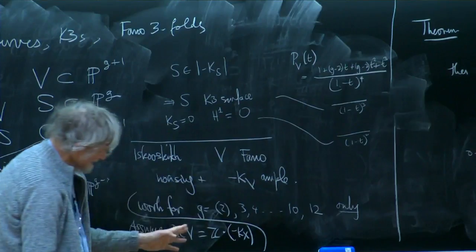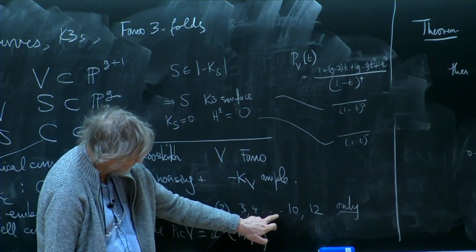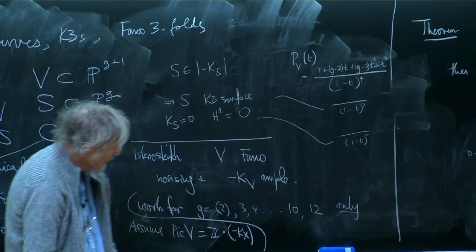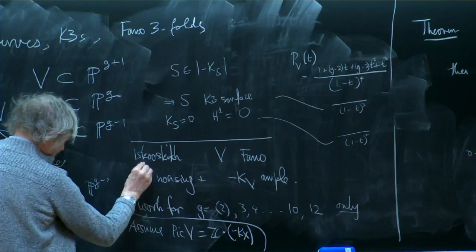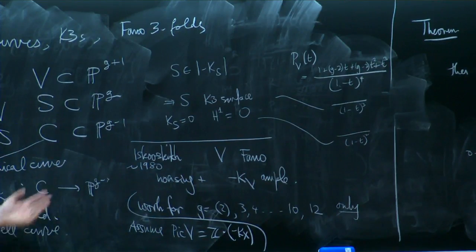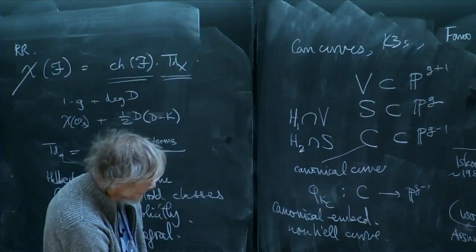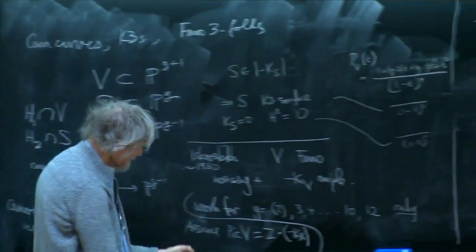So these exist, and you get nice varieties here. I'll maybe explain what happens for 7 or 8 or 9. This was Iskovskikh around 1980, and then Mukai and Mori worked a lot more on this, and then we invented the Mori category of singular varieties.